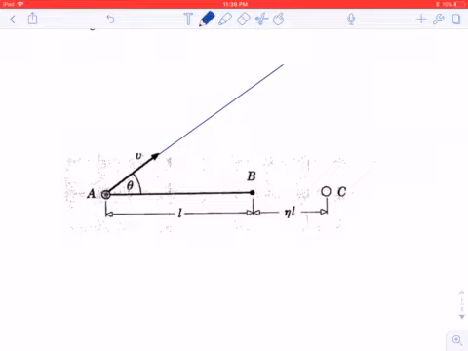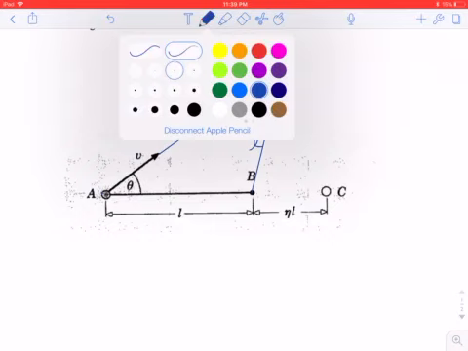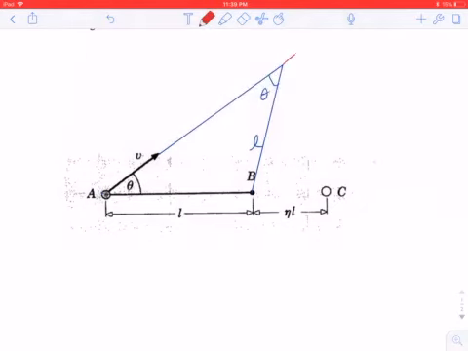And it will continue to do so until the thread becomes taut again. So let's assume that the thread becomes taut here. Obviously this angle will also be theta because this length will again be L. Now at that instant the disc will have some velocity along this direction.